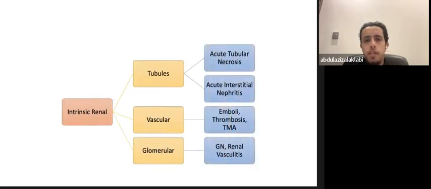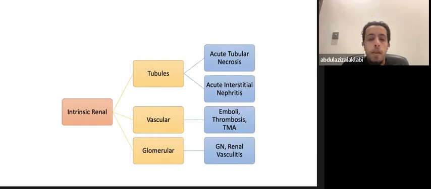Okay, so this is a nice slide trying to separate the categories or causes of intrinsic renal failure. So you have diseases that affect the tubules, such as ATN, which is the most common, and acute interstitial nephritis. You have vascular causes, such as emboli or thrombosis.